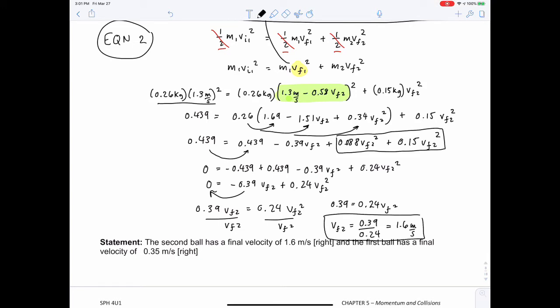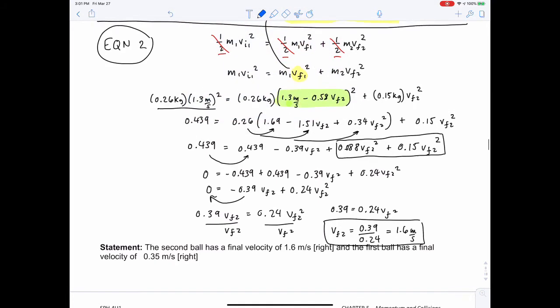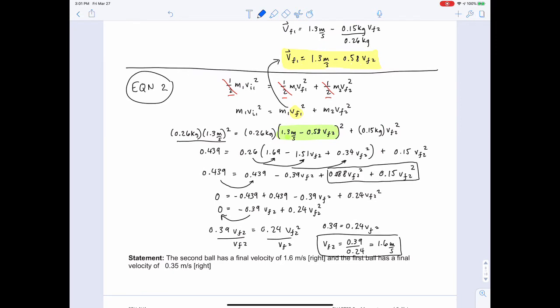We can now use this value of VF2 to solve for VF1. Up above, we said that VF1 was equal to 1.3 meters per second minus 0.58 times VF2. So we can sub in our newfound value for VF2. We get 1.3 meters per second minus 0.58 times 1.6 meters per second.